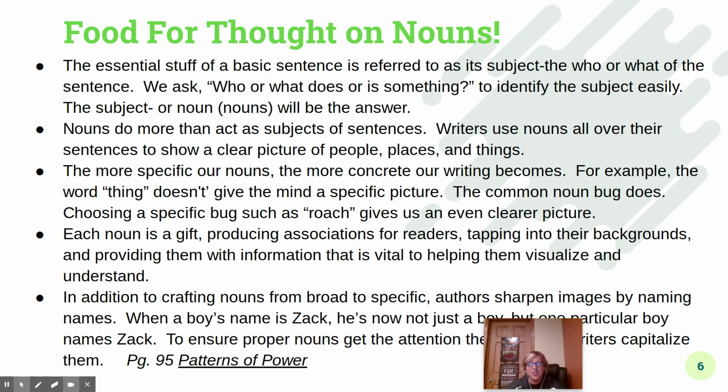Each noun is a gift. If we can tap into our readers' background knowledge, that is super important. And when people can visualize it, it helps them as readers. Crafting nouns is also important. So when we even think about the pronouns, when we're using that and when we're using people's names, that is also important for our readers.